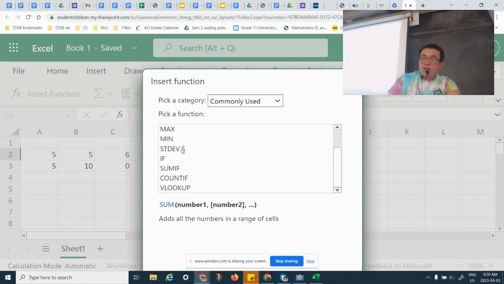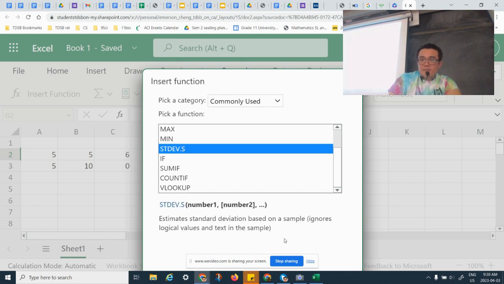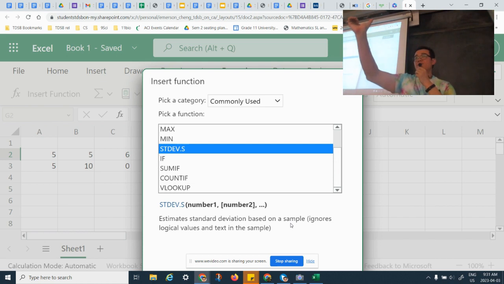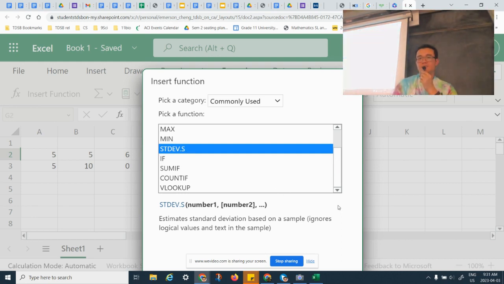Oh, there's standard deviation, STD. Estimate the standard deviation based on a sample. You are basically finding how different the values are within the sample, so you use this one, stdev.s. You click on that.